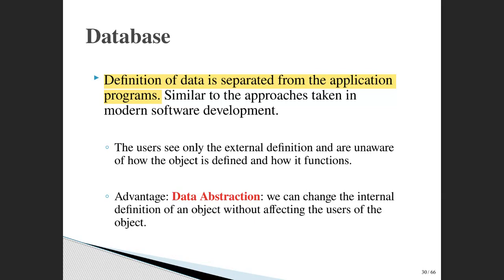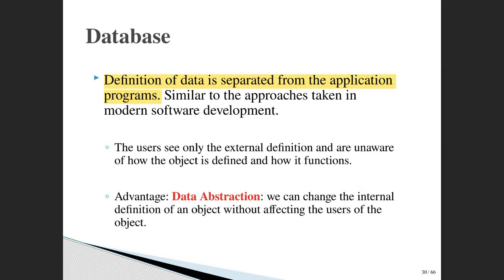Okay, so what is the main advantage of having the data definition separated from the application program? That is the data abstraction. What is the meaning of the data abstraction? It means that the internal definition can be changed without affecting the user or the interface or the views. Are you aware, for example, of changing the number of characters accepted in the courses field?